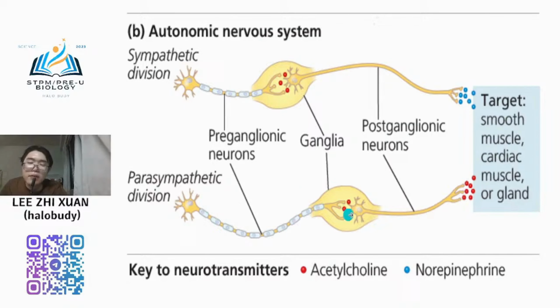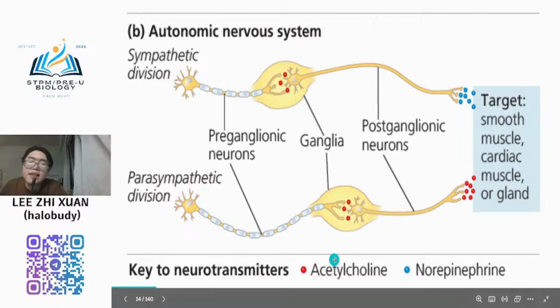Another difference is in terms of the neurotransmitter they release. In both of the sisters, sympathetic and parasympathetic, at the first part, the interaction between the preganglionic and postganglionic, they release the same neurotransmitter, acetylcholine.